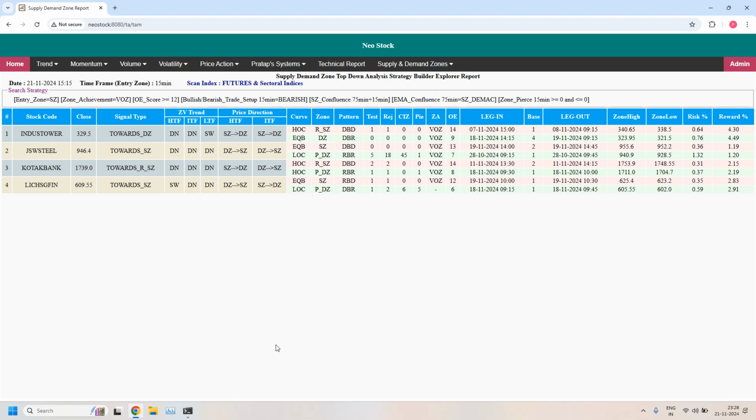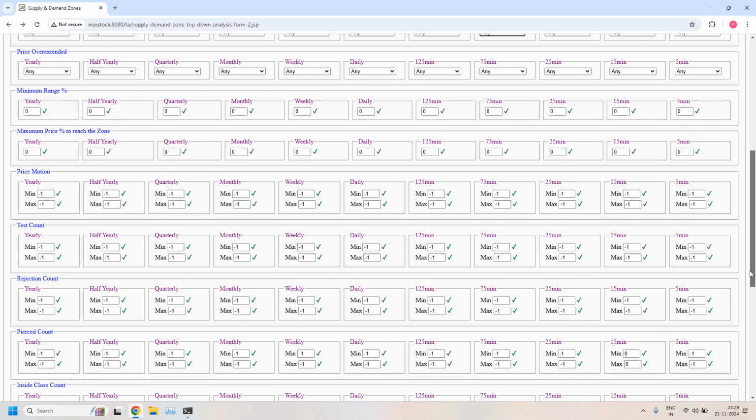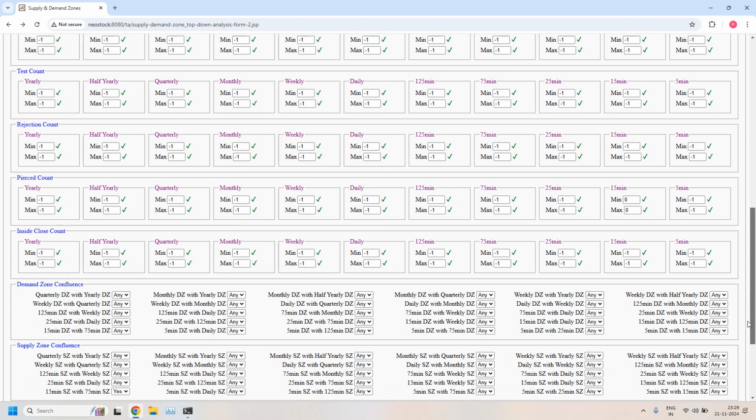Okay, next let us look for LTF, ITF, HTF supply zone confluence. I am removing this EMA filter. We need to set 3 filters. First filter, 15-minute supply zone with 75-minute supply zone confluence is already enabled. Next filter, 15-minute supply zone with daily supply zone confluence, and 75-minute supply zone with daily supply zone confluence.